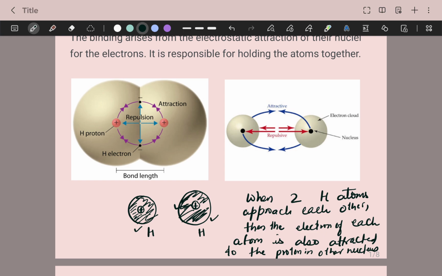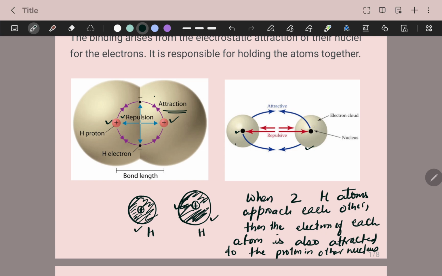See, here the two nuclei are not attracted; there is repulsion between the protons. In between electrons also there is repulsion, but between proton and electron there is attraction. So this nucleus will attract this electron and its own electron also.